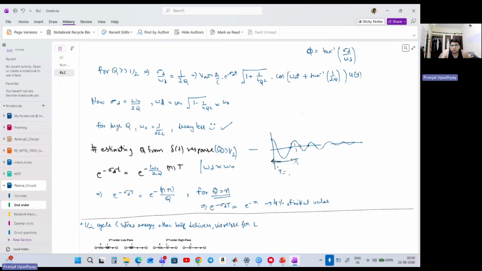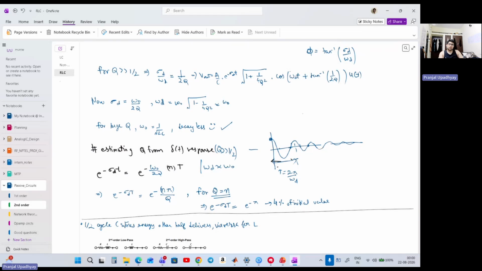And this t is equal to 2 pi by omega. So from this initial value, when the oscillation degrades down to 4%, at that particular point in time, we can say that this quality factor is equal to n, where n is the number of oscillations that have happened. But again, we should understand that this is true only when q is much larger than half.